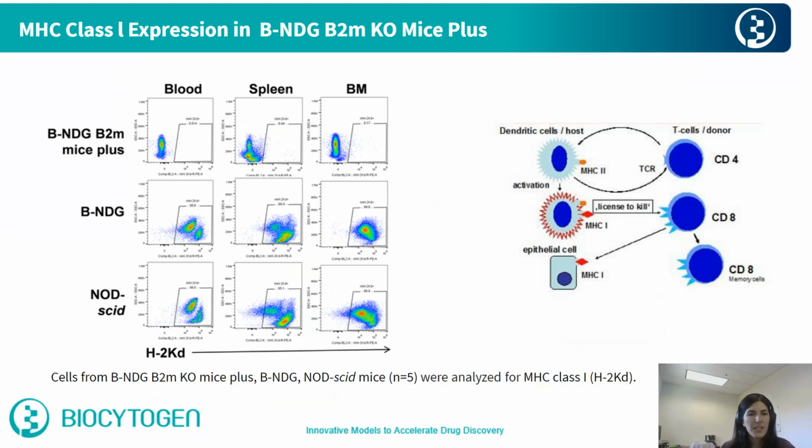So here shows the experimental validation demonstrating the lack of MHC1 expression in the BNDG B2MKO mice, shown on the top row here, when compared to the parental BNDG strain and the non-skid mice, indicating successful generation of the mouse model.